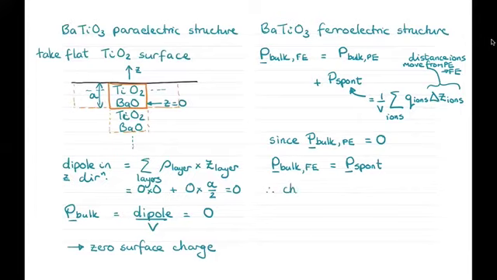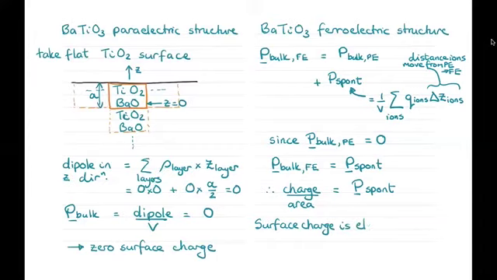And so the charge per unit area for the flat TiO2 001 surface of barium titanate is just equal to the spontaneous ferroelectric polarization in the 001 direction. And of course, this surface charge is electrostatically unfavorable.